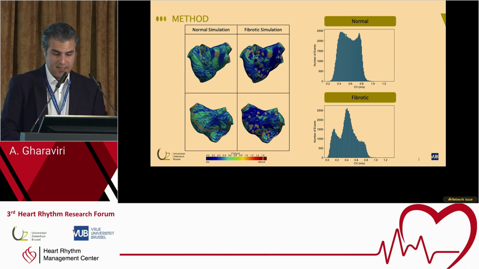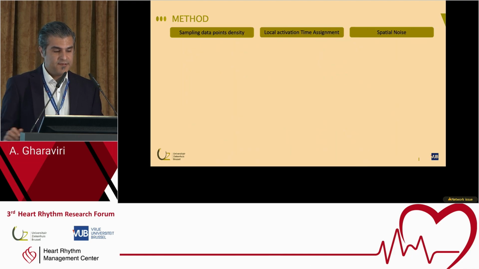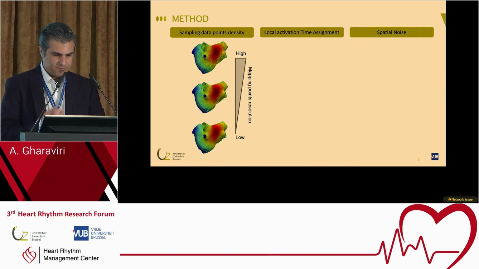The aim is to see how the different algorithms for calculating conduction velocity perform under certain uncertainties, like sampling data density, local activation time assignment, and spatial noise. In order to test this, we uniformly distributed sampling data points on our mesh and recorded the simulated local activation time, and then we gradually reduced the sampling point density to test how well each algorithm calculates the conduction velocity.